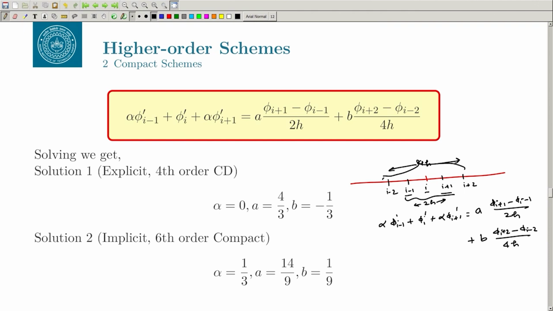So, that will anyway come out. Then what you need to do is use the Taylor series expansion for all these points I plus 1, I minus 1, I plus 2, I minus 2, phi prime I minus 1 and phi prime I plus 1.